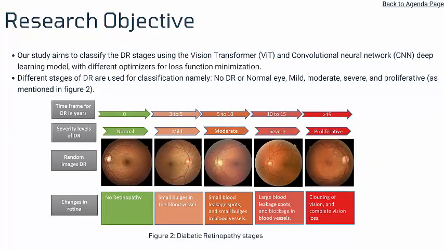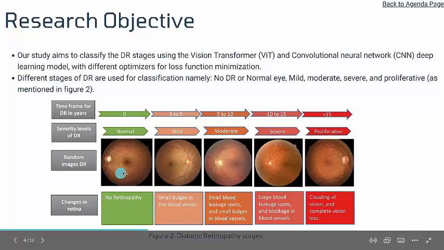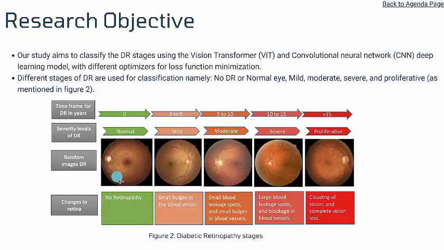Our research objective is to classify the DR stages using the vision transformer, ViT, and convolutional neural network, CNN, deep learning models with different optimization. The different stages are seen in these images here. This is where the retina is normal.